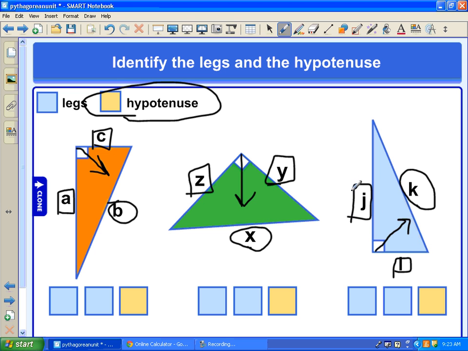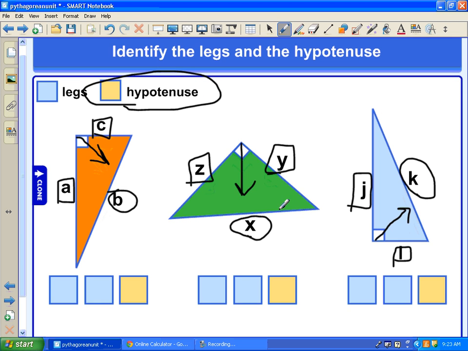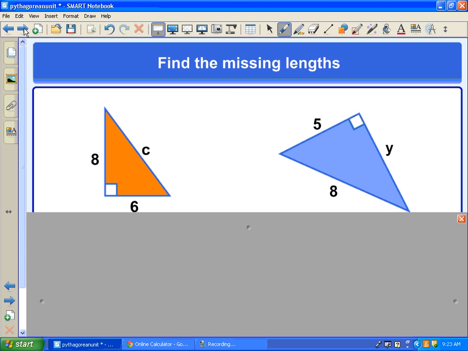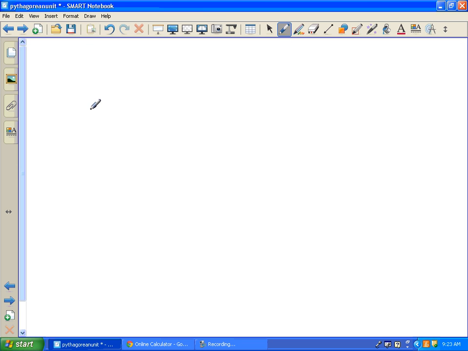Now that we know which one's the hypotenuse, the longest side directly across from the corner, we can use that to figure out how to use a formula. Pythagoras came up with a lovely formula for calculating any side that you want, and I'm just going to give it to you right here.